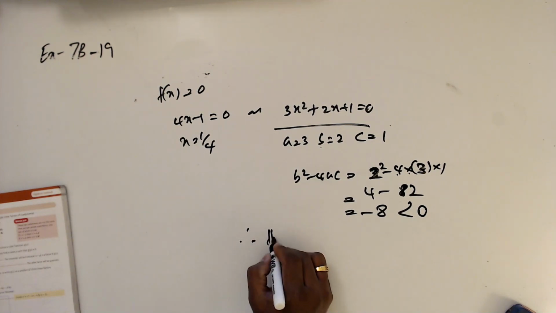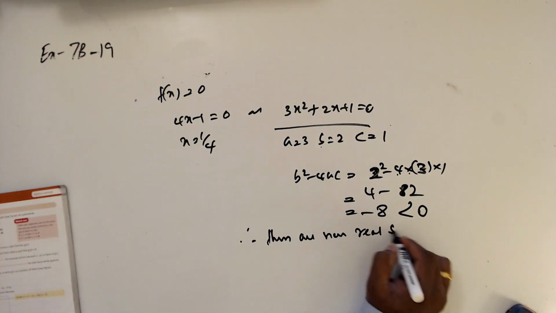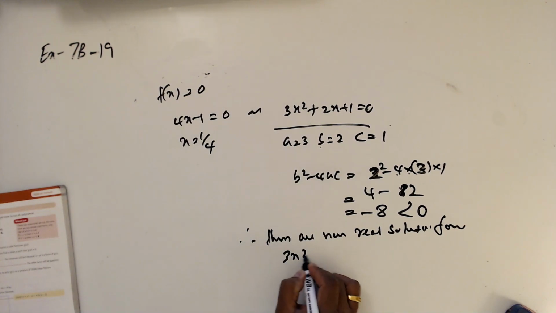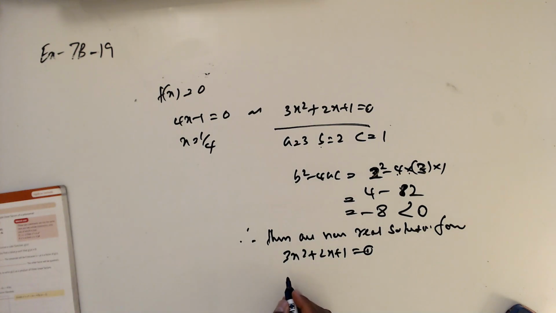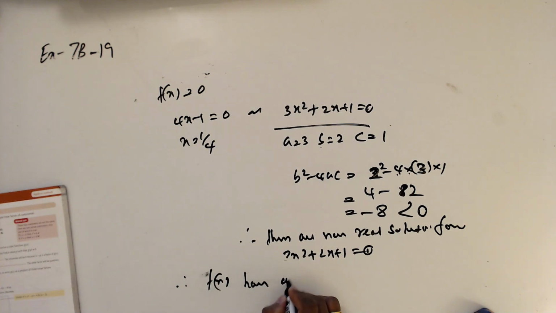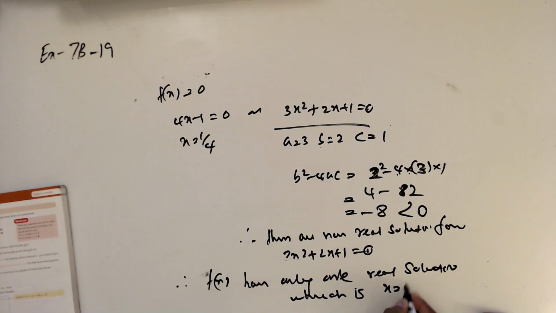Hence, there is no real solution for 3x square plus 2x plus 1 equal 0. Hence fx has only one real solution, which is x equal 1 over 4.